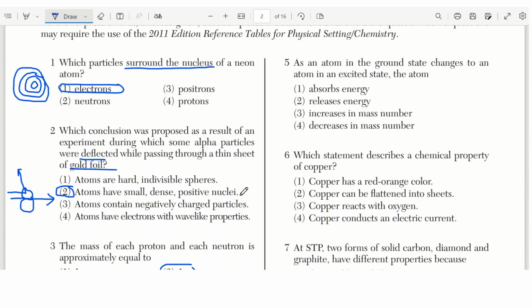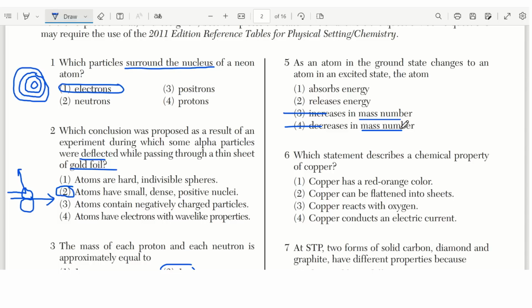All right, number 5. As an atom in the ground state changes to an atom in an excited state, the atom what? Well, here's what's important to remember for these two choices that I'm going to cross out right now. The atom doesn't change in the number of particles it has. Also, mass number are the particles in the nucleus, and those are never lost or gained in terms of going from ground state to excited state, so that's not changing.